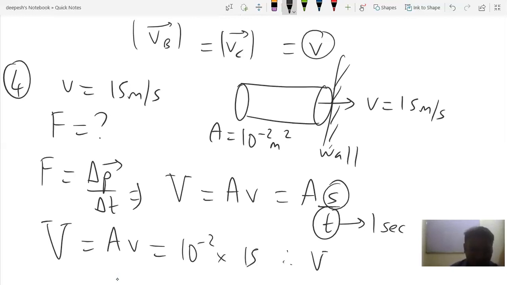So we can say the volume of water coming per second will be 15 into 10 raised to minus 2 meter cube.